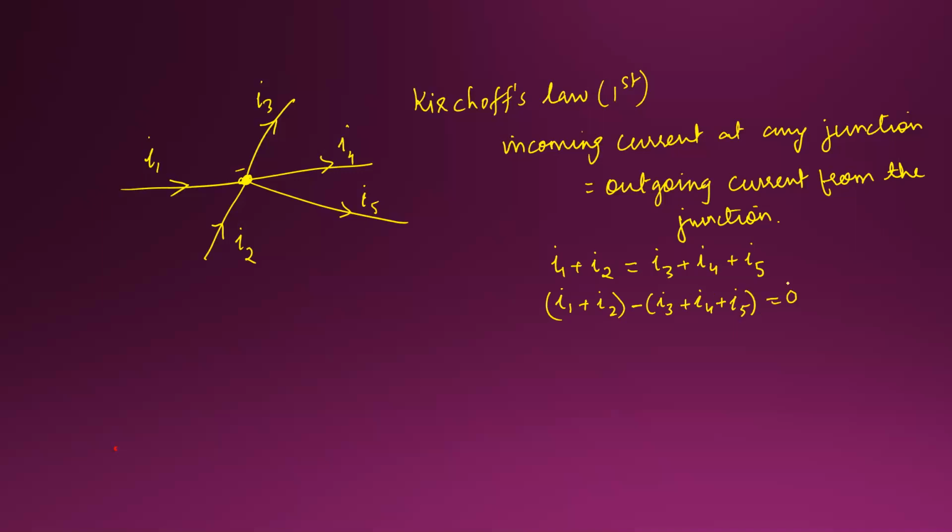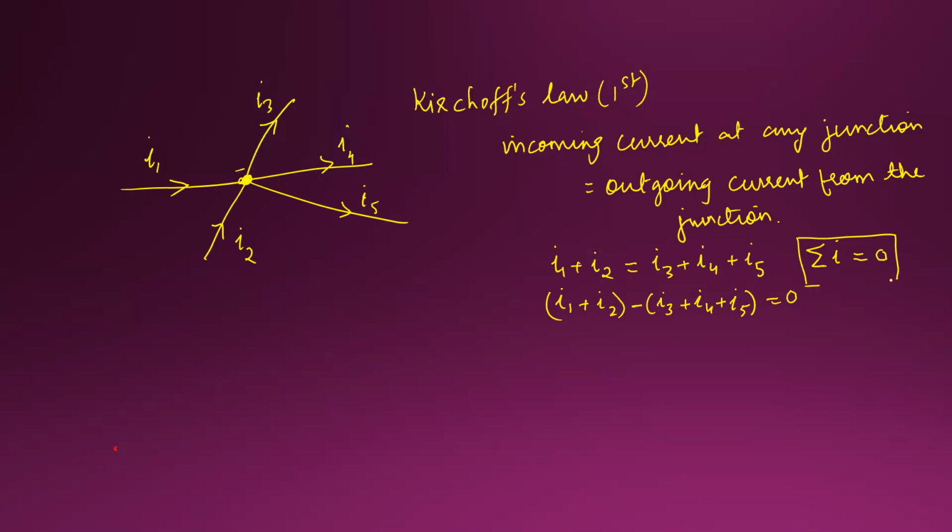If we are considering the incoming current as positive, then the outgoing current will be with the negative sign. Or if you are considering the incoming current as negative, then outgoing current will be positive. That means the summation of all the incoming and outgoing currents will always be 0.